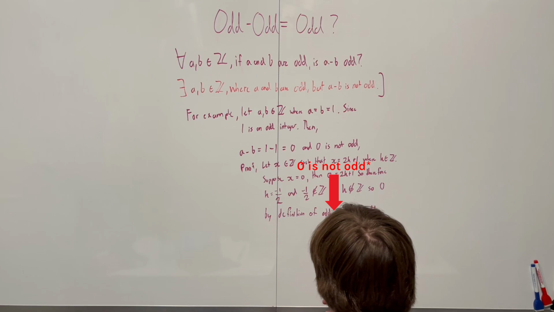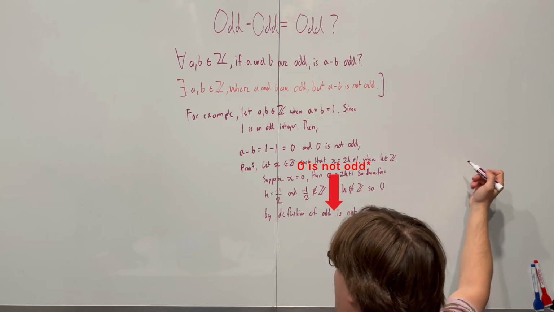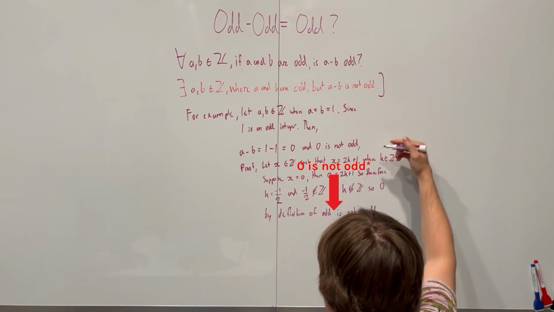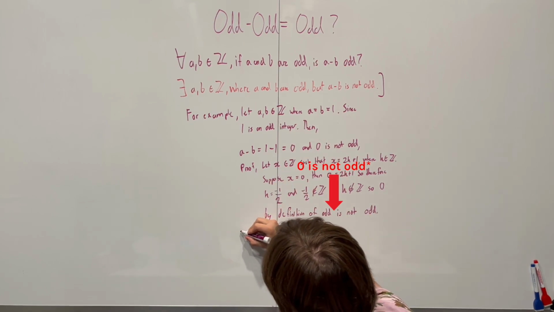You can, of course, write this more explicitly, say x is equal to 2k plus 1, which by definition makes x an odd number, and then you can continue, and then you can just, after that, write what I wrote here. But now we can just write our conclusion.